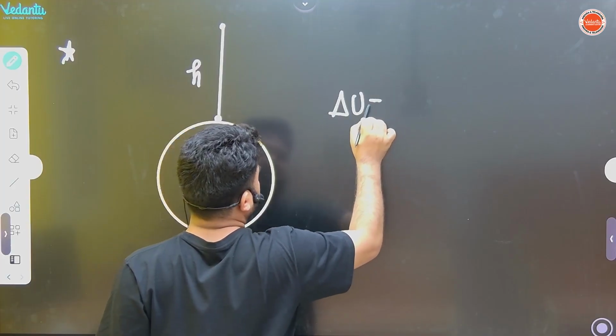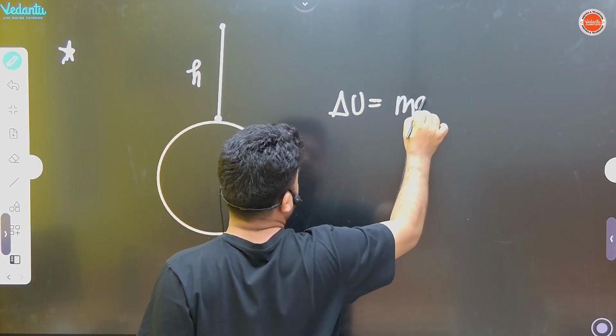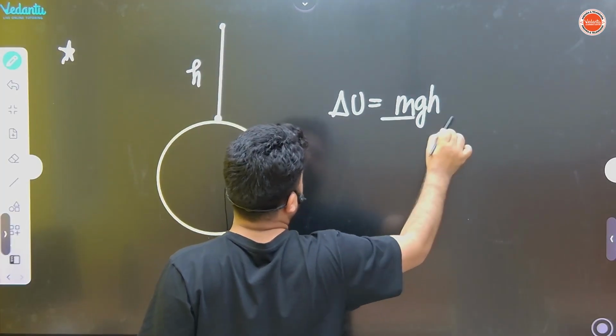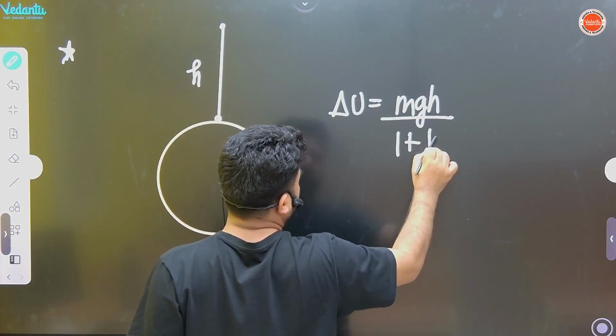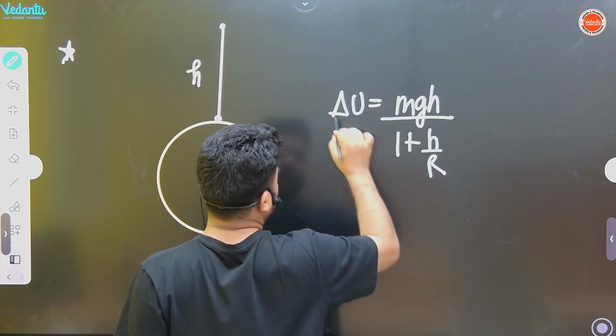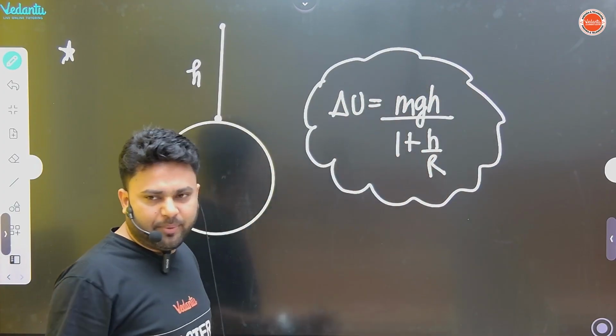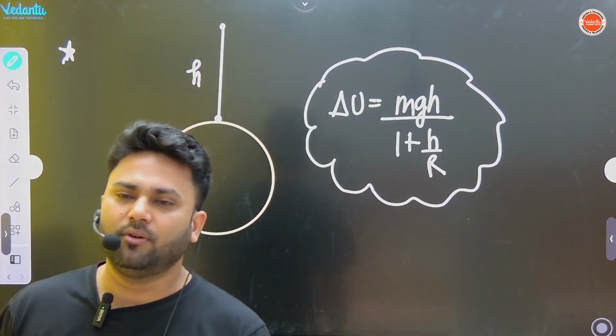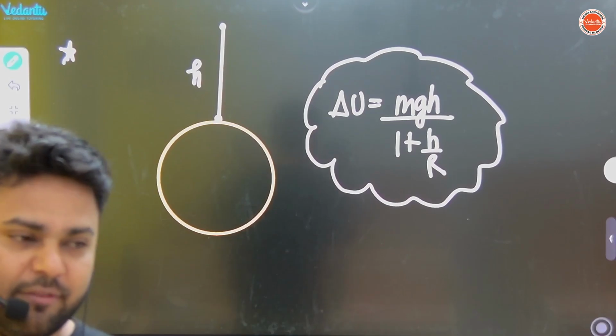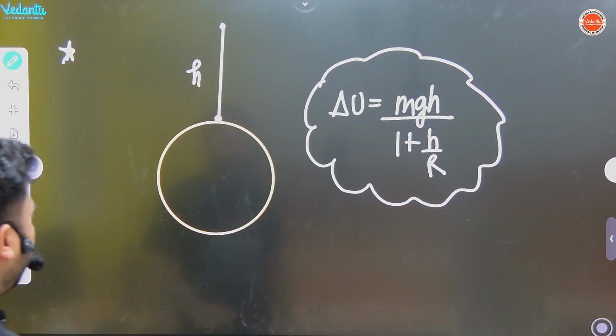So change in potential energy is mgh divided by 1 plus h by r. This is very important.